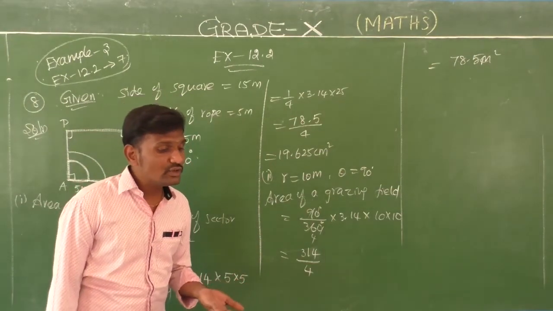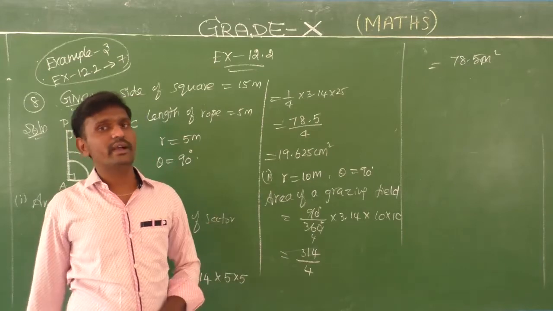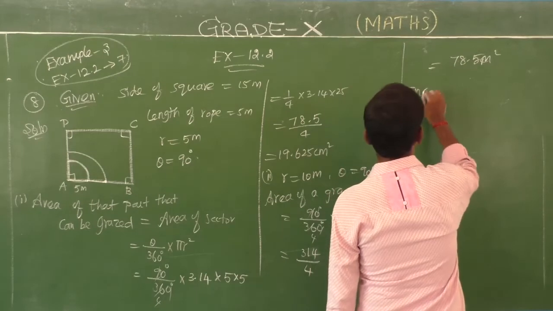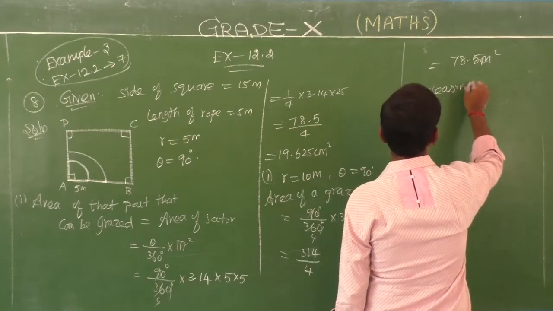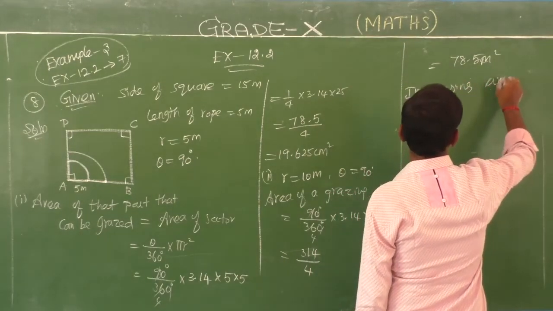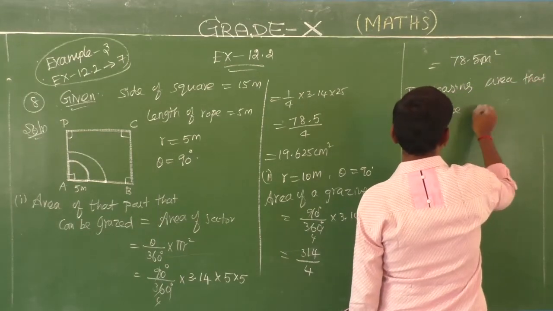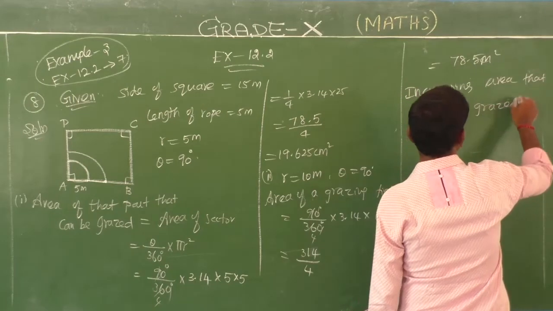Now what is the given question? Increasing area, how much? Increasing area, which means, see, the area that can be grazed. What is the highest portion?